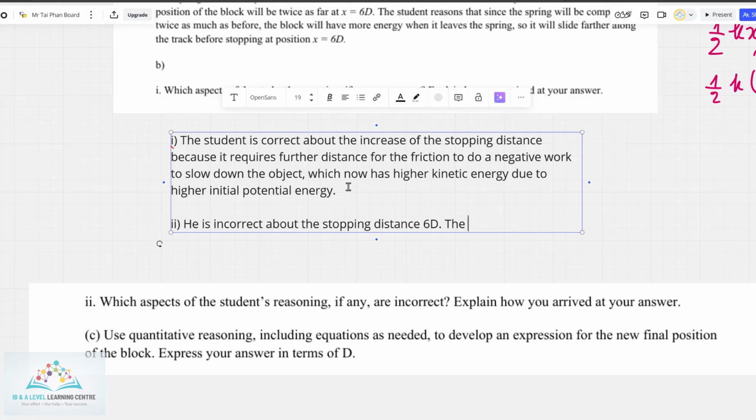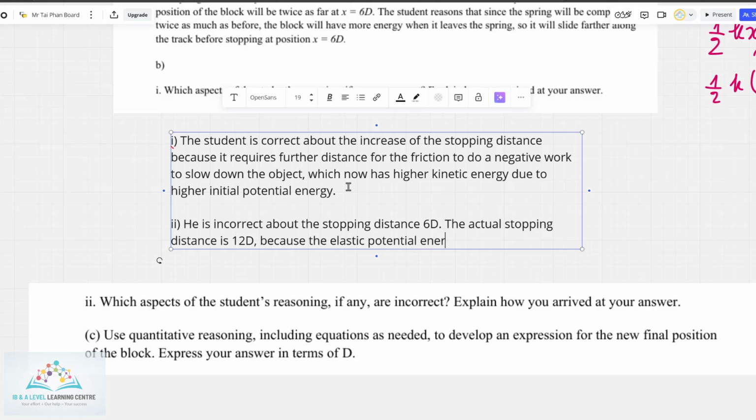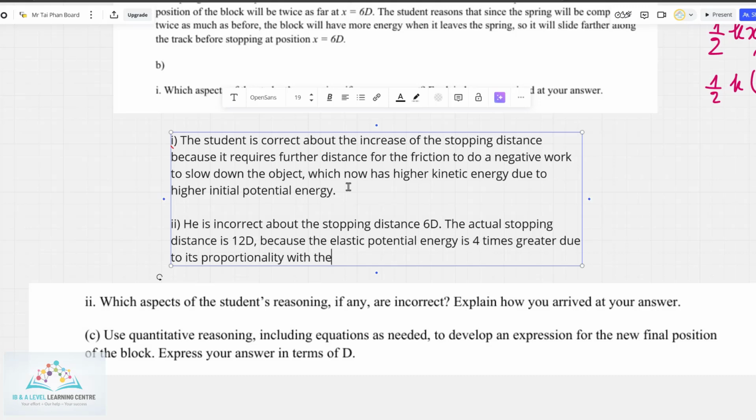The actual stopping distance is 12D because the elastic potential energy is 4 times greater due to its proportionality with the square of the compression there.